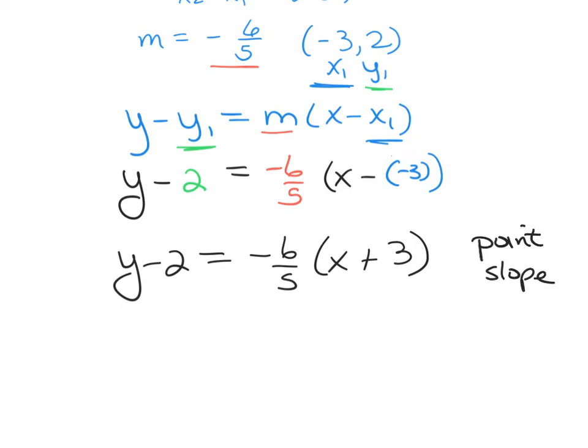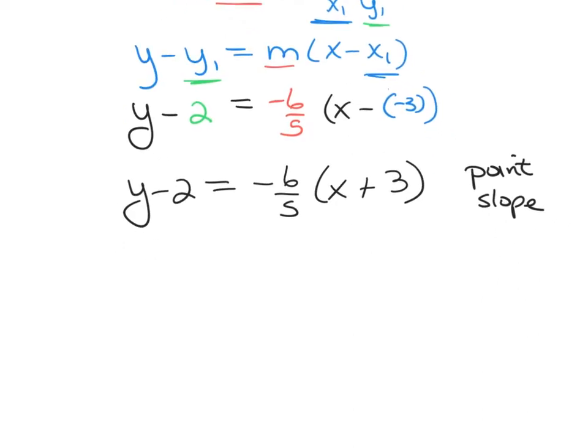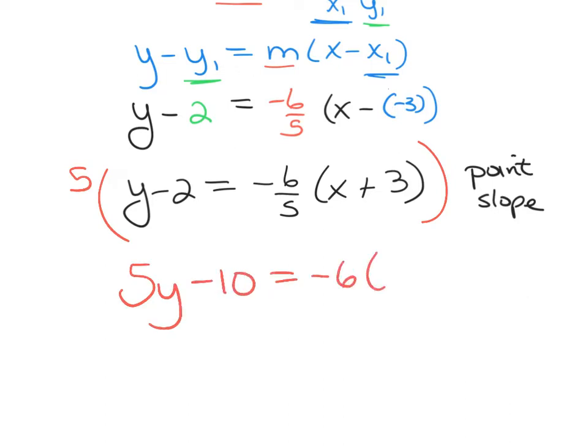Now if it asks for slope intercept, we need to distribute. What I'm going to do is get rid of the fraction. I'm going to multiply everything by 5. So this will become 5y minus 10 equals -6 times x plus 3. Distribute now.